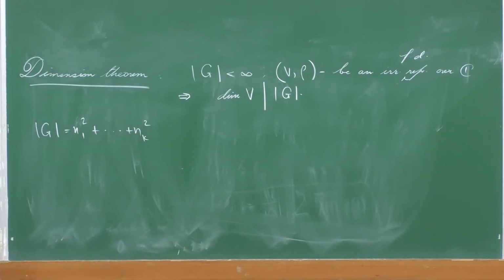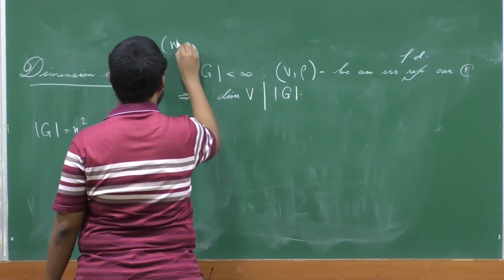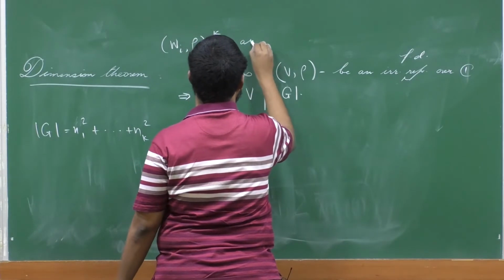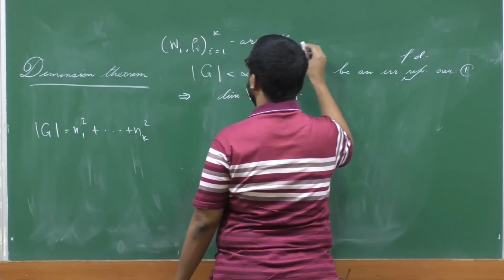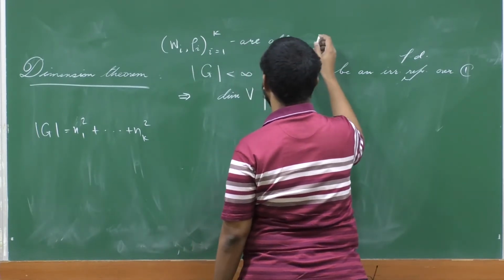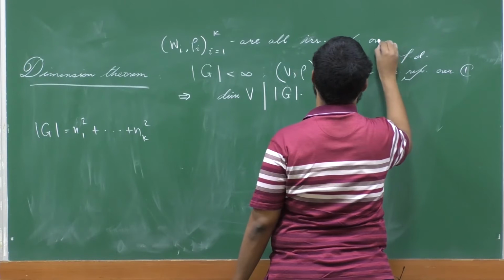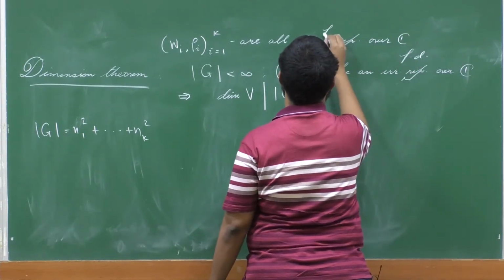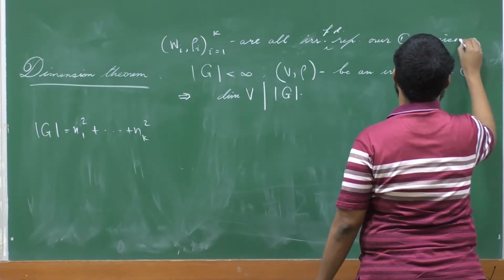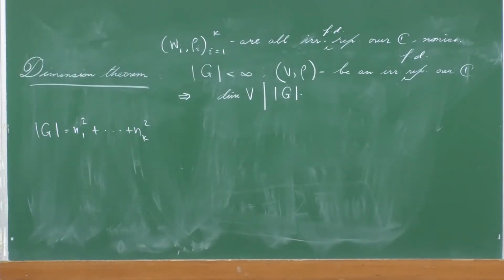To begin with, I should fix that, what I always do: a finite group G, and Wi, rho i, from 1 up to k, are all irreducible representations over C, of course finite dimensional over C, and non-isomorphic. What I mean by this is, if we take rho i and rho j, i not equal to j, they are not going to be isomorphic.